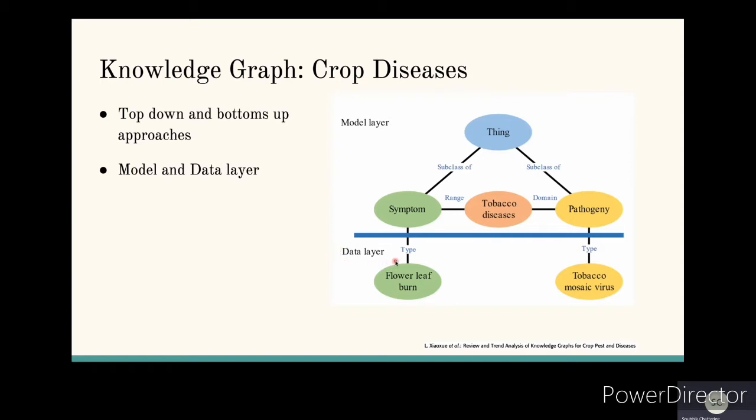It can also be done the other way, where the data layer is constructed first with all the specific data, and then it's rolled up into the concepts, and then basically gets rolled up into the whole tree. Now I'll let my colleagues explain in detail the construction of knowledge graph for the crop and pest diseases.